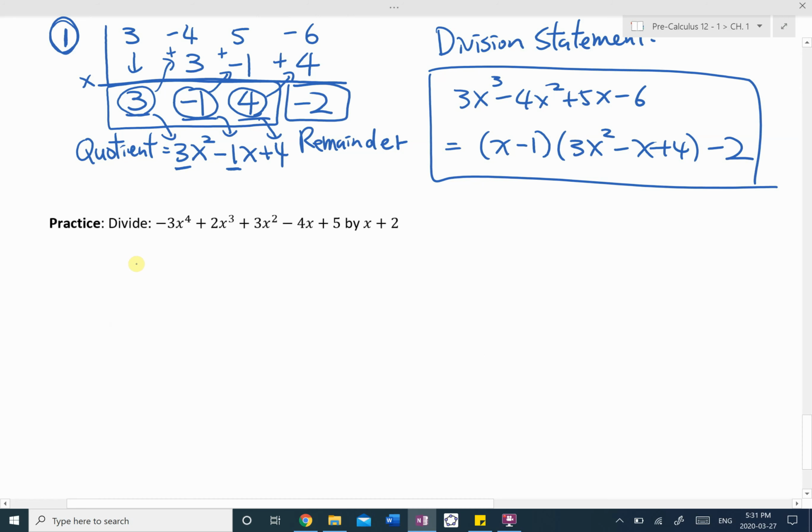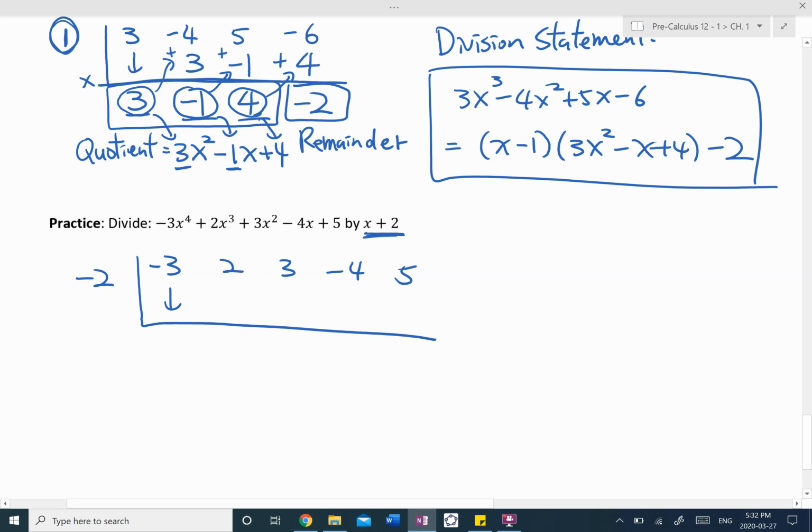Okay, so I'm assuming you finished the question, so I'll do it here. Again, you take down the coefficients. Now, one thing I need to mention, I'll finish the question first. Okay, -3, 2, 3, -4, and 5. You're dividing by x plus 2, so instead of plus 2, I'm going to write down -2 here.